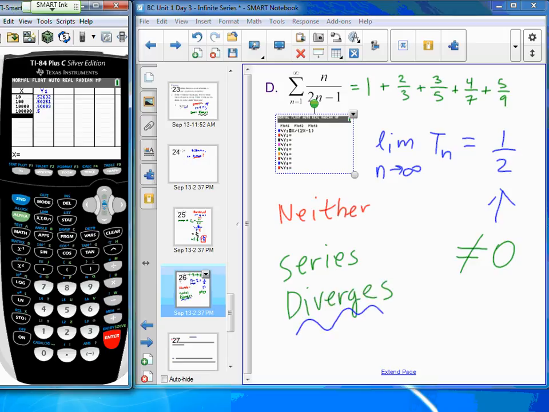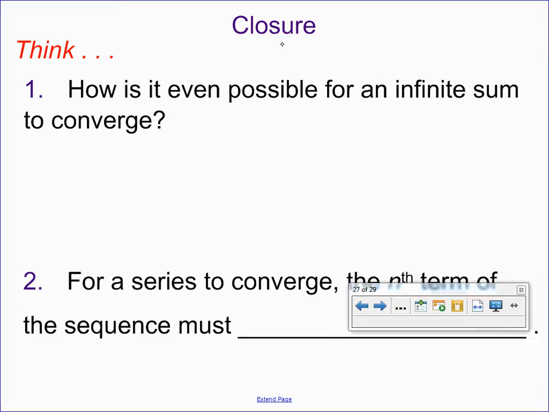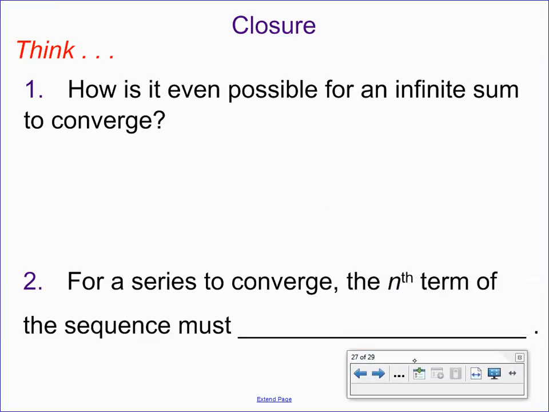All right. So let's go ahead and close it up then. These answers might seem similar to you, right? And that's because they're decidedly connected. So it's okay if some of your responses seem similar. These are the big ideas, though, from today's discussion. A written response from each partner pair, and then we'll share. How is it even possible for an infinite sum to converge?